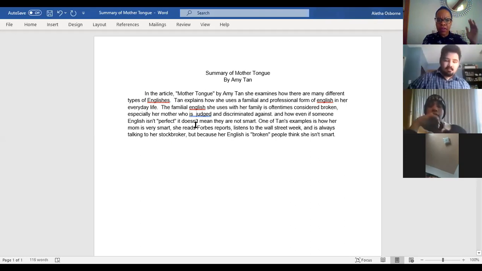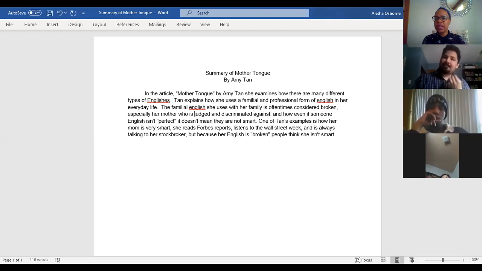So in terms of the chain of events that goes on in the story, most of the details and examples that Amy Tan includes are all about her mother. Do we agree with that? Yes, it's all about her mother. So I wanted to make sure her mother is mentioned in the summary, okay? Again, we are taking a look at the details we've been given, and we want to summarize, paraphrase them, and outline them accurately in our summary.